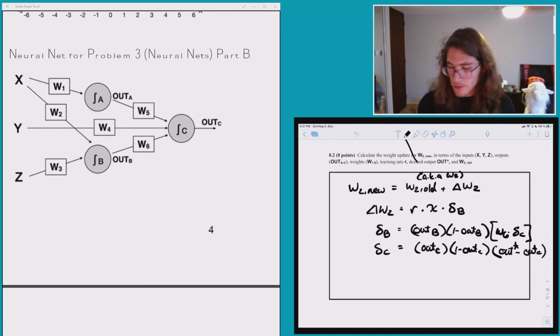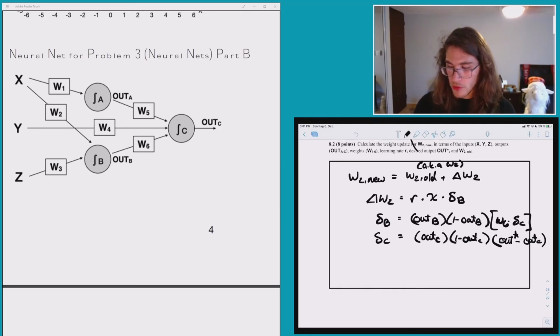If you put all the terms together, you get the weight update equation for W2 new. So that's how to update W2.